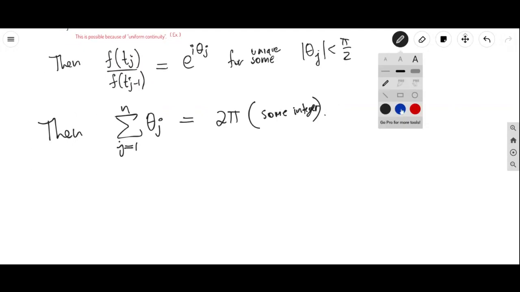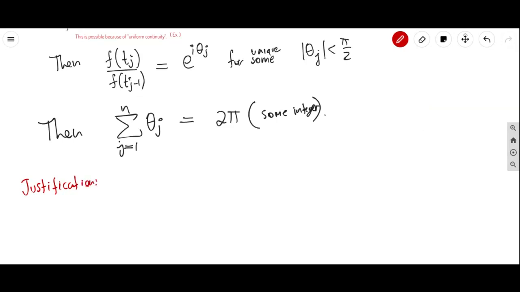So let's just justify that. If that's not clear, here's a justification. Basically, let's take e^(i theta 1), e^(i theta 2), e^(i theta 3), and multiply them together up to e^(i theta n). So let's multiply all of these complex exponentials.